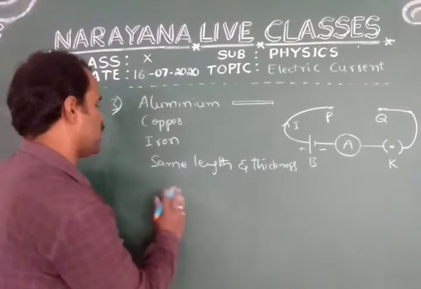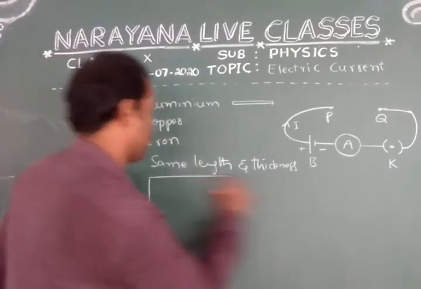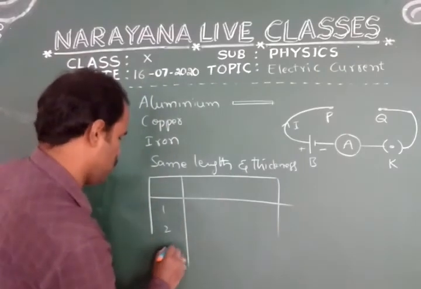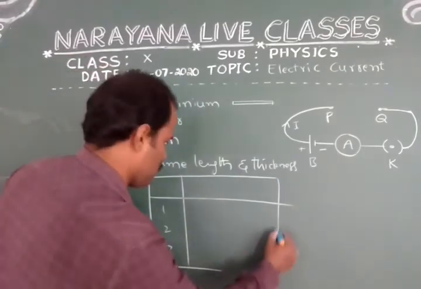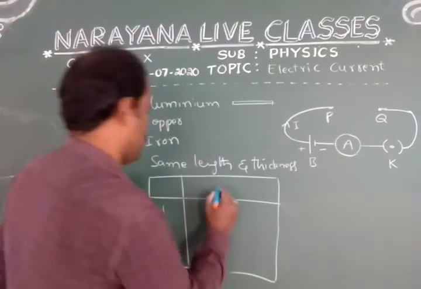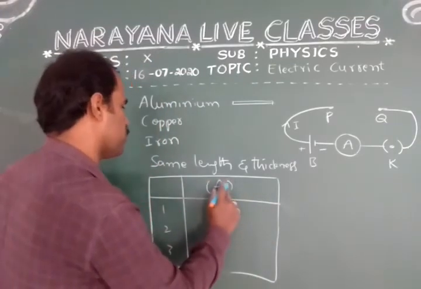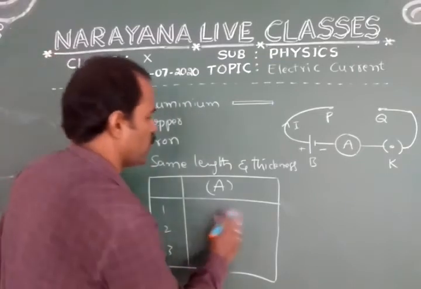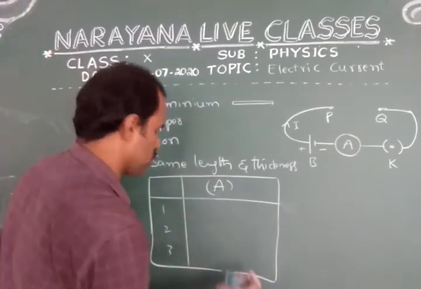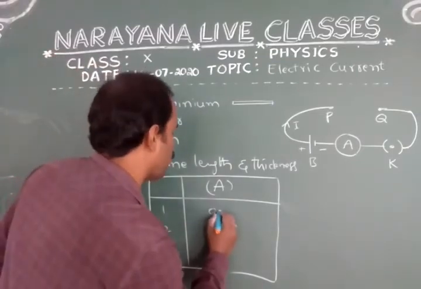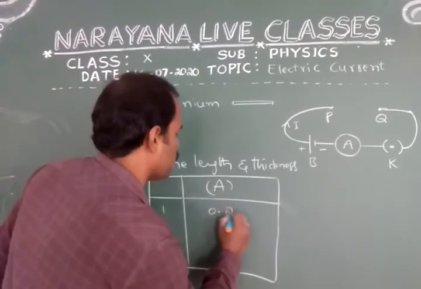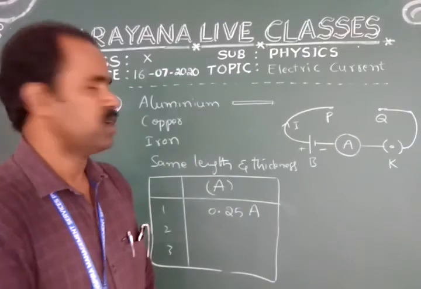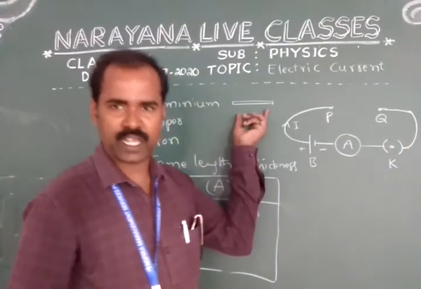For the first conductor, that is aluminium, we got an ammeter reading of say 0.25 ampere. Now remove that aluminium conductor.